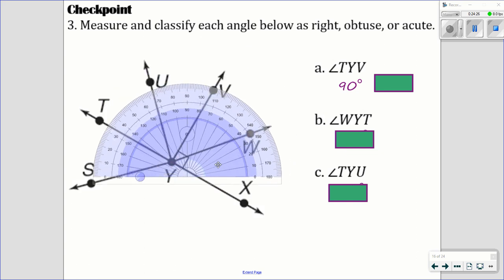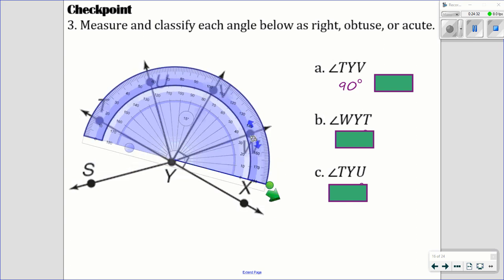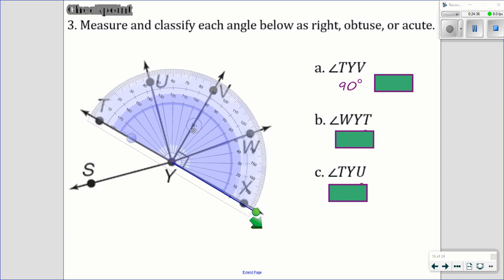And then I'm measuring WYT. So move that. I'm going to put the center here. WYT. So since I'm starting here, I'm going to go in this direction, the outside numbers. And it shows 129.